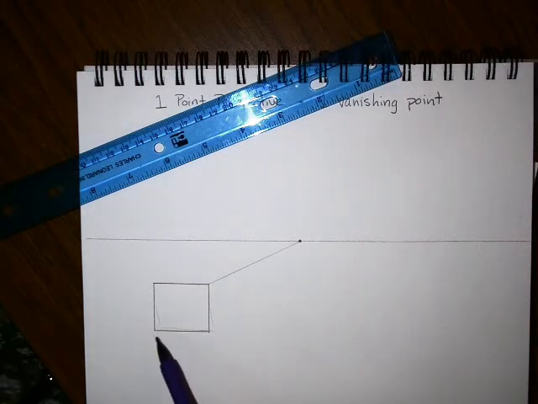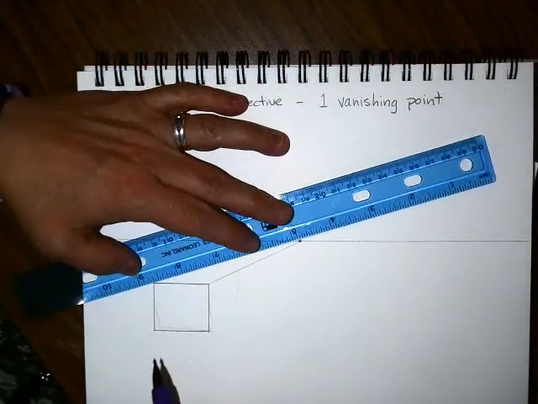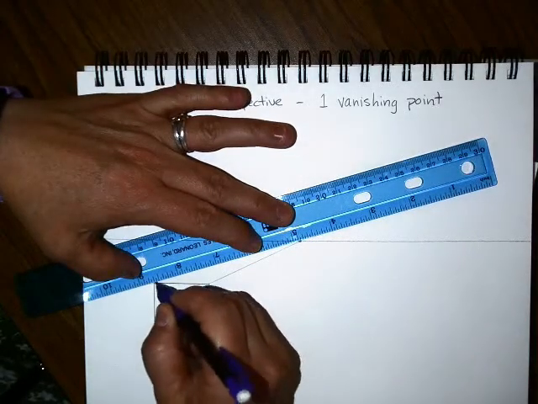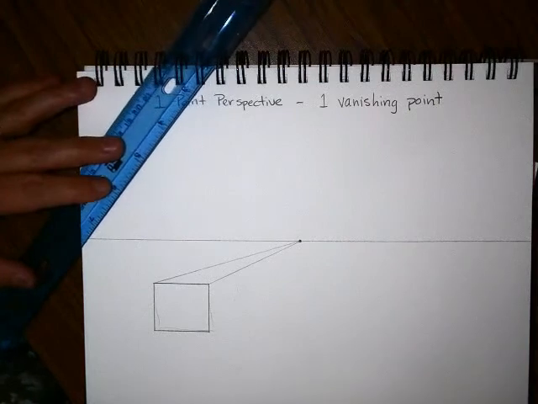I'm not going to use this corner that's the furthest away. I know that this one is hiding back there, so I'm not going to use it. Okay? I'm going to use my next two closest ones, and again lightly draw a line to the vanishing point.